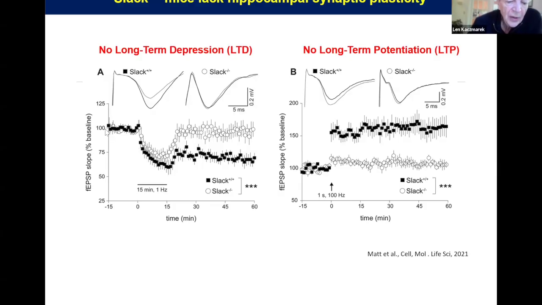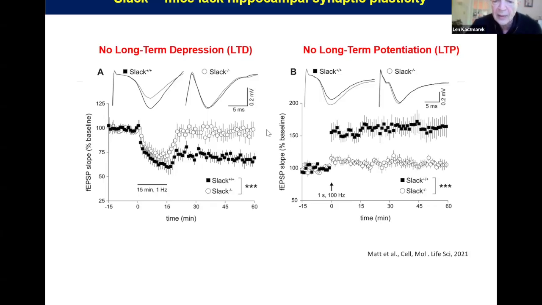What happens is that you stimulate a synaptic pathway once every second, and that's a low rate of stimulation, and the synapses get weaker and weaker. And then they stay weaker for hours after that training paradigm. But in the SLAC knockout, they just go back to where they were.